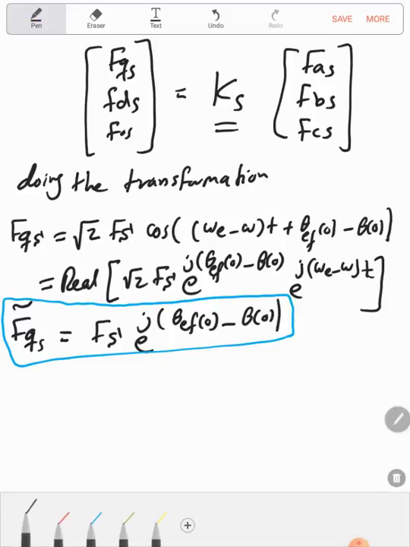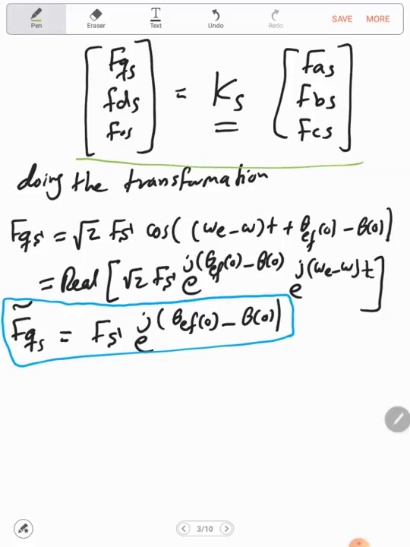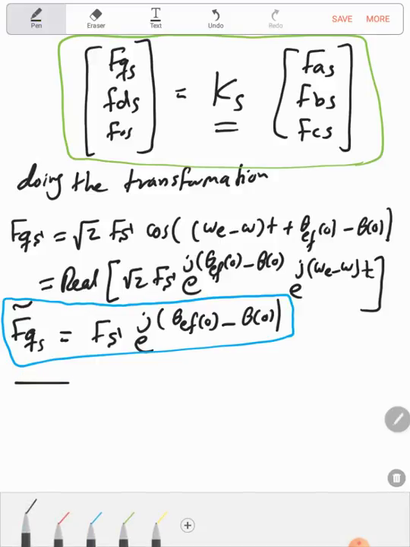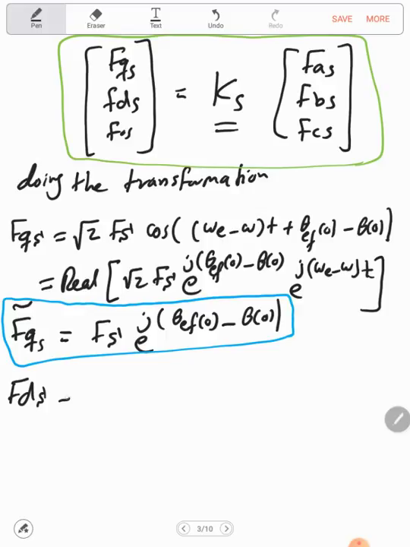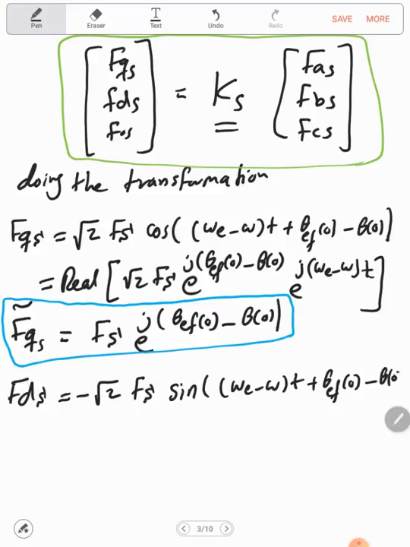The same thing from the transformation. If we evaluate this transformation, we will get also FDS equal to minus square root of 2 Fs sine of omega e minus omega all multiplied by t plus theta ef of 0 minus theta of 0.